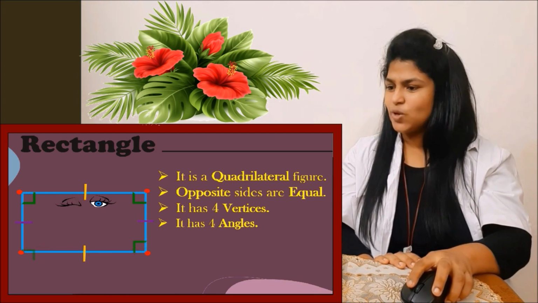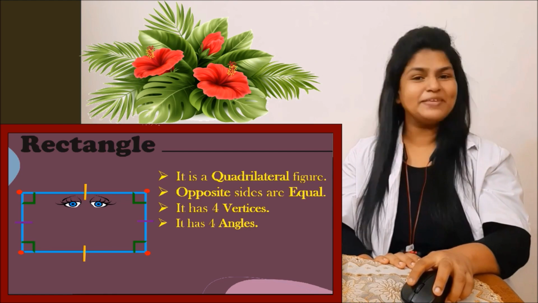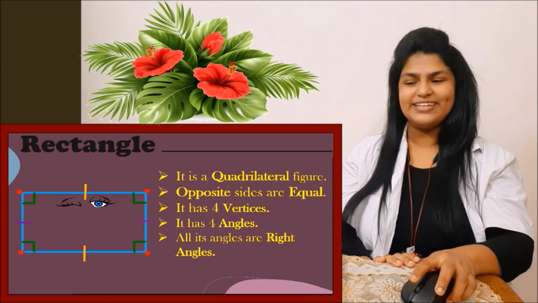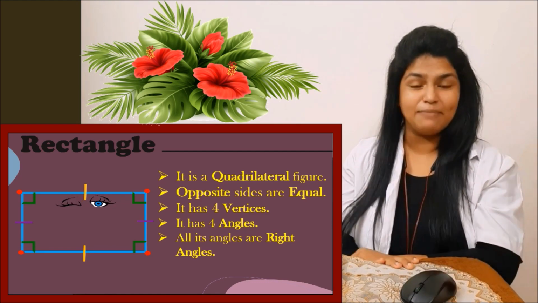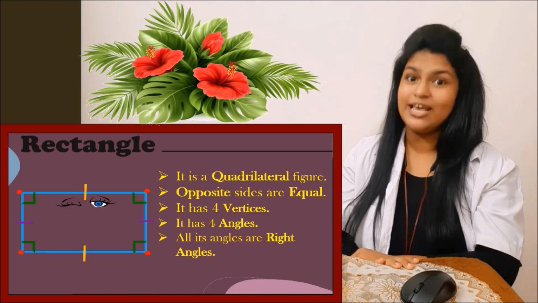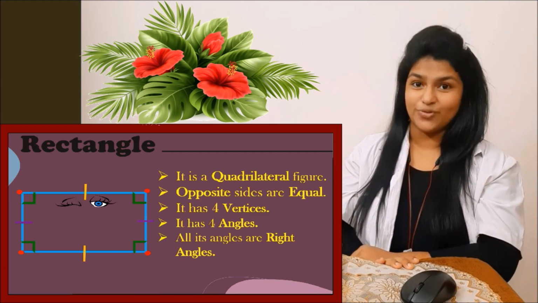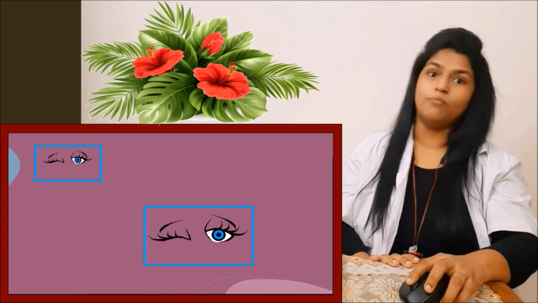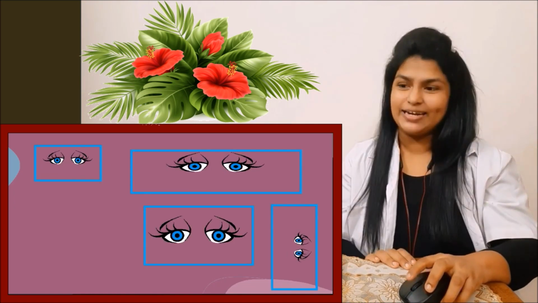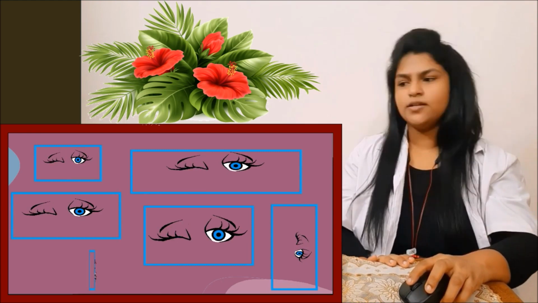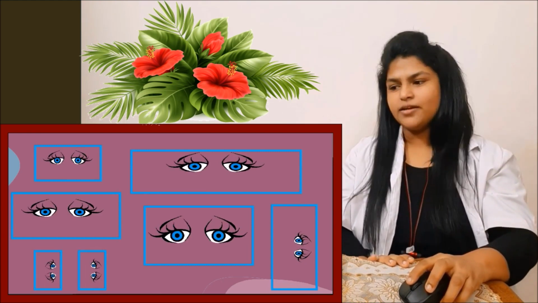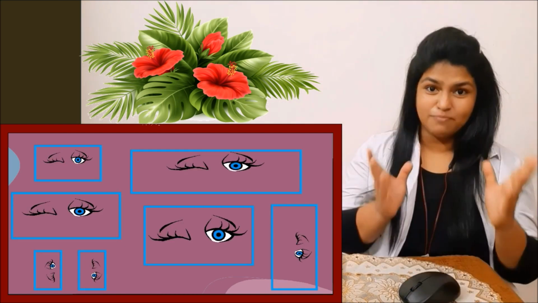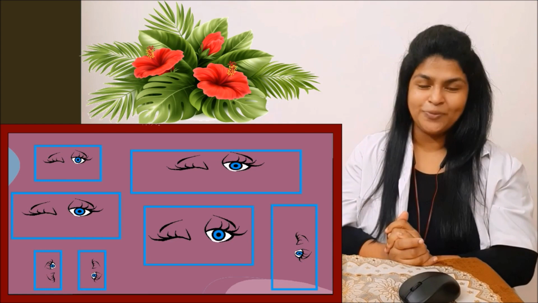So all the 4 angles are right angles. This is what we learned about Mrs. Rectangle Rodriguez. And so, may it be chota rectangle, mota rectangle, patla rectangle, teda rectangle, or medium rectangle, all the rectangles will have the same properties that we examined right now.